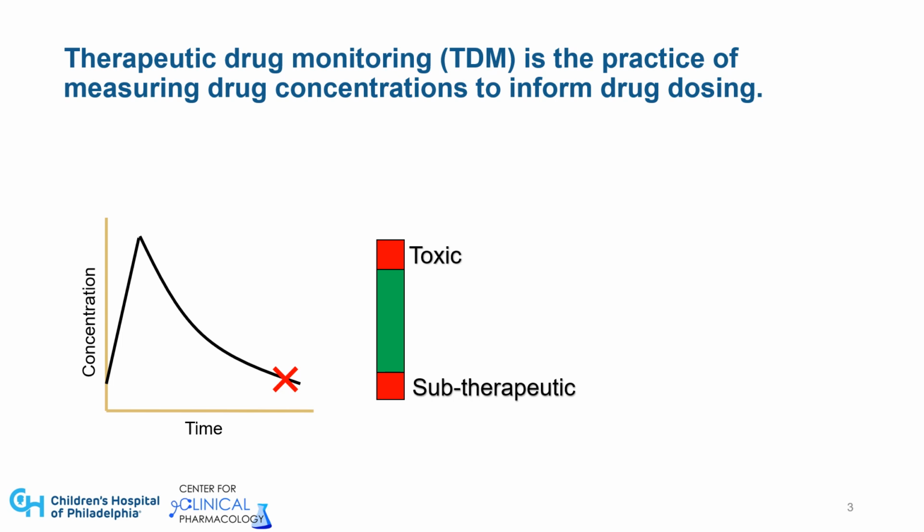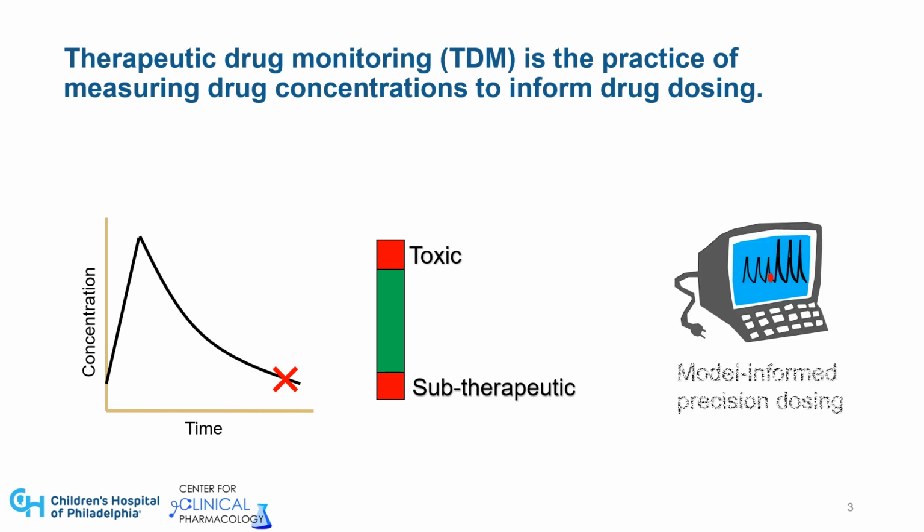If the drug concentration is too high, then the patient's felt to be at risk of toxicity. If the concentration is too low, then the patient's at risk of drug failure. And so the drug doses are adjusted in order to move the drug concentration up or down in order to achieve this therapeutic target.